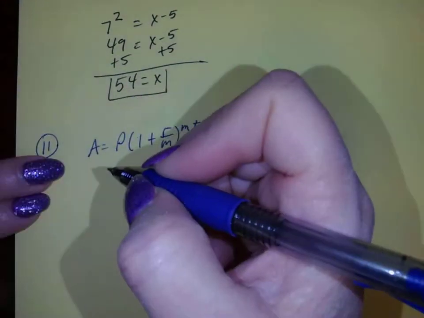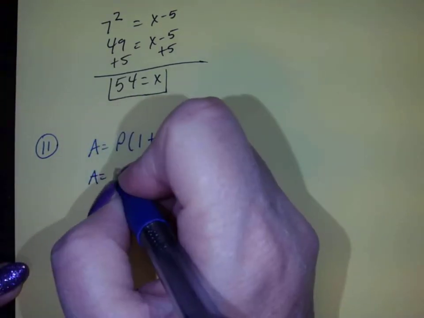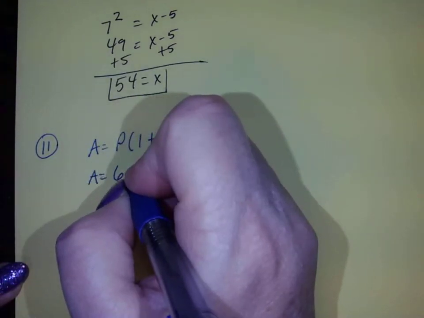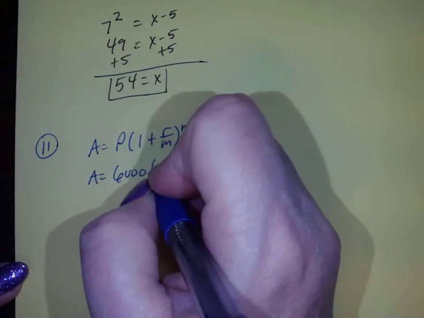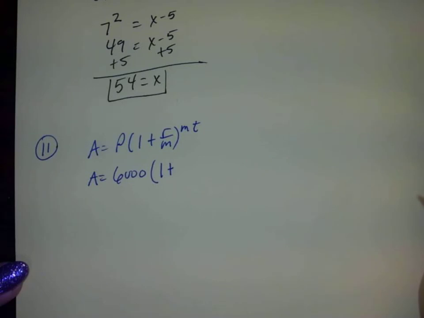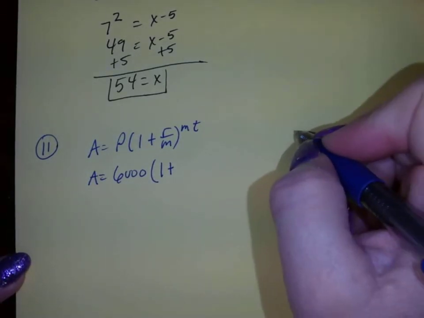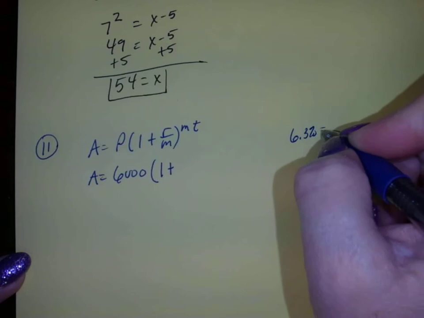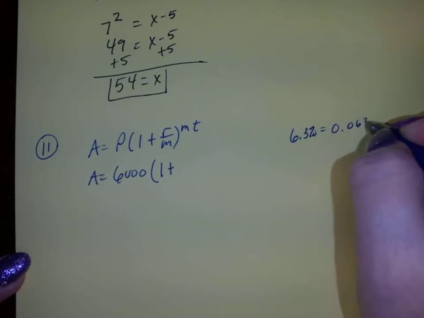Now you can write all of your parts off to the side, or you can just plug them into the formula. So A will be equal to the principal. The amount invested was $6,000 times 1 plus our rate was 6.3%, and we have to change 6.3% to a decimal, so it becomes 0.063.